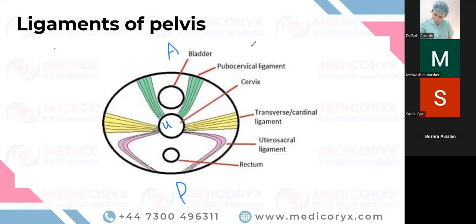One is the pubocervical, second is the transverse or cardinal, third is the uterosacral. Uterus is receiving the support from all the sides, from the anterior side, from the lateral side, from the posterior side. From the posterior side, it has the support from uterosacral ligament. On the lateral side, the support is from the transverse cardinal ligament, and on the anterior side, the support is coming from the pubocervical ligament.